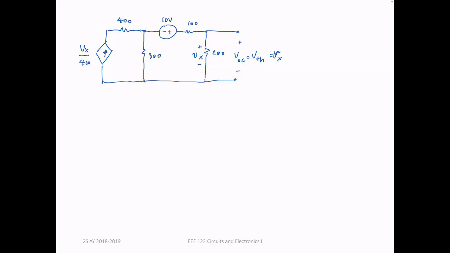Pag nag-nodal analysis rito, ang suggestion ko, ito gawin yung ground. Okay. What is this voltage? This voltage is V sub x, right? Because if the negative of V sub x is at ground, then the node voltage here is V sub x. Let me call this V sub y.